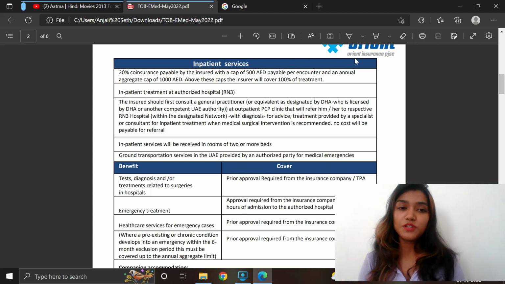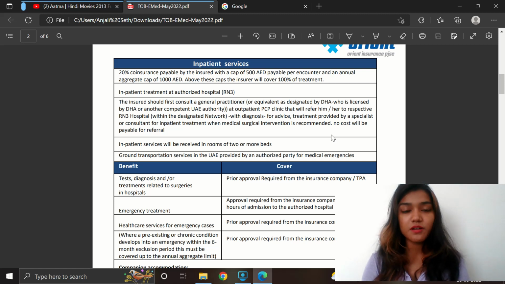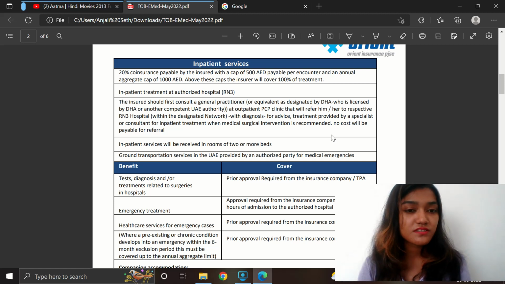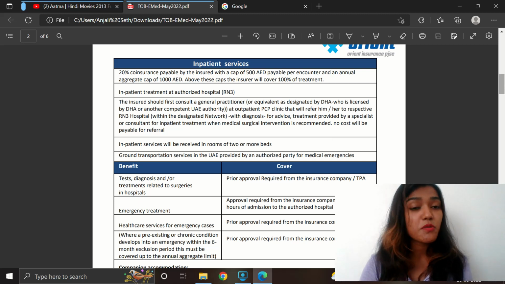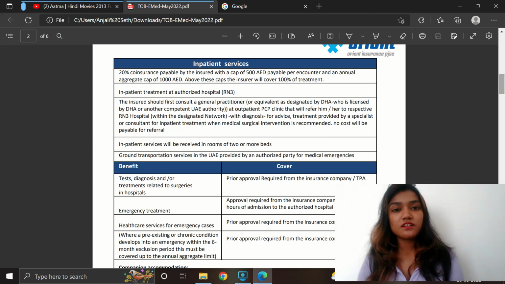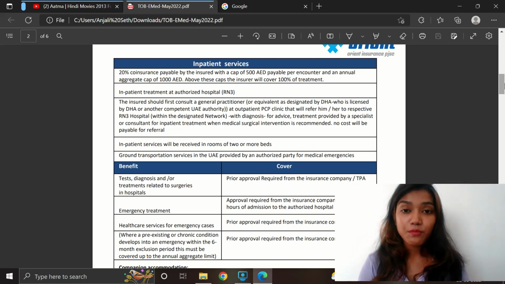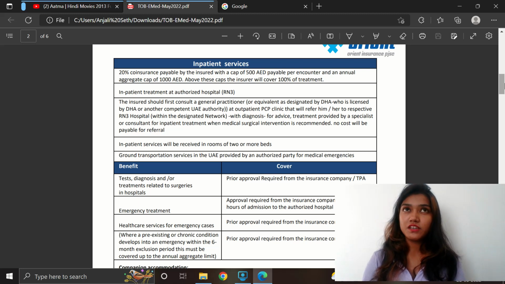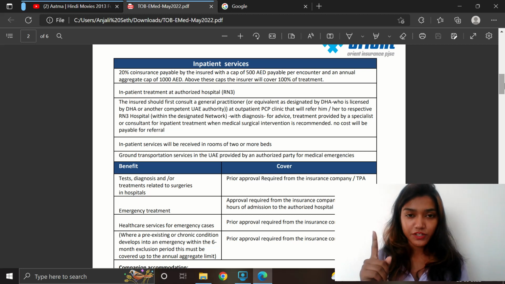Okay. Then in this case you have to see the RN3 list, you have to see which hospital on the list is nearest to you. You can go there. And what about the bill? Again 20%. Whatever the bill comes to in the hospital, you have to pay only 20%, with a cap of 500. Meaning the maximum you have to pay one time when you go is 500.